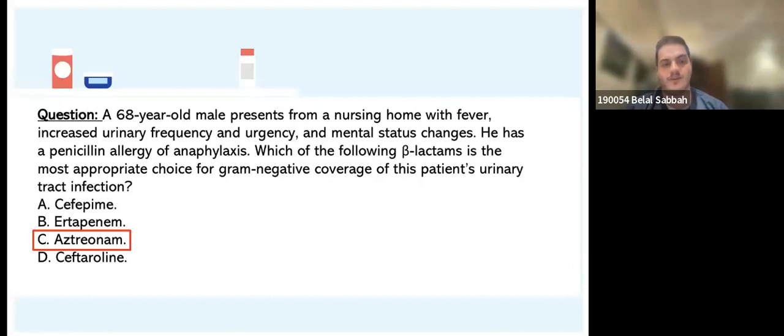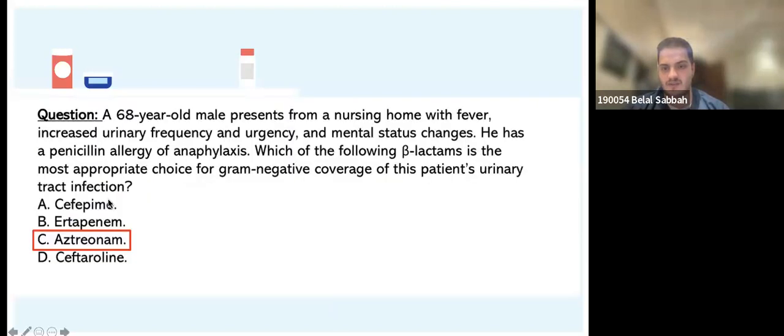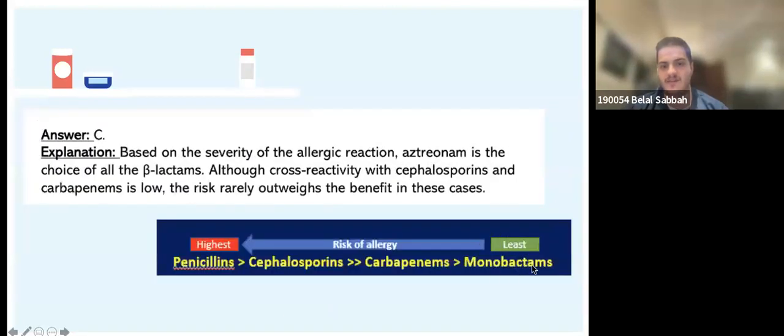Yeah, so if someone is allergic to penicillin, you have to give a drug that can treat the infection, but at the same time not trigger this penicillin allergy. So there's a nice little graph here. Monobactams, which is the drug class that we chose here as aztreonam, has the least risk of allergy in someone with a penicillin allergy.